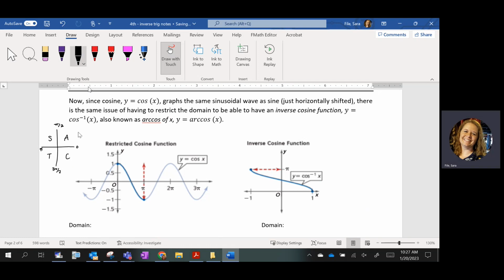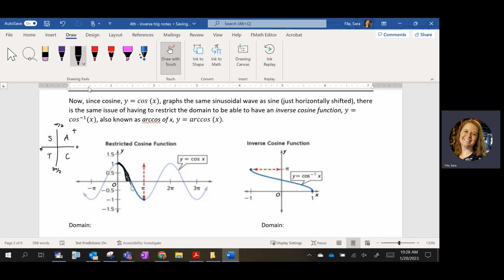So I can't use both of those. I'm definitely going to use quadrant 1. This piece right here represents quadrant 1. But then I can't go backward and use quadrant 4 like I did for sine, because those would be repeated values. Y'all see that? How they're both positive? They're both above the x-axis. So I'm not going to use quadrant 4 for cosine.